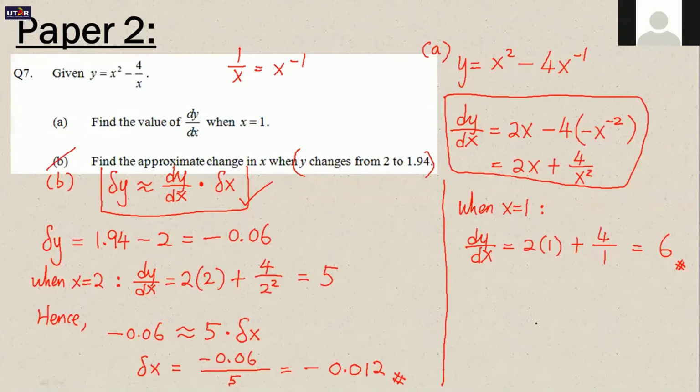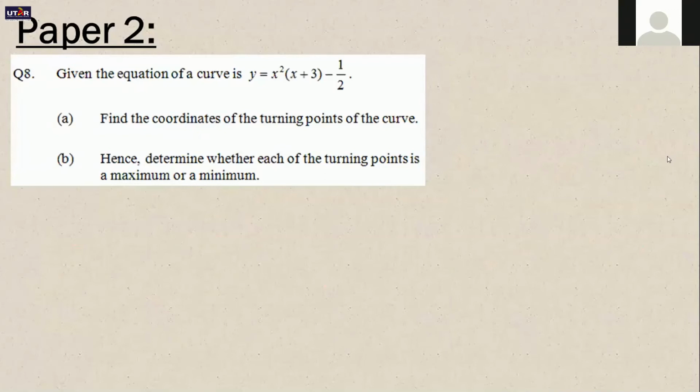Okay, so this is the fifth application of differentiation, approximate change. Okay, next one, we go for another application involving the turning point, maximum turning point or minimum turning point, right? So we need to find, of course, the turning point first.